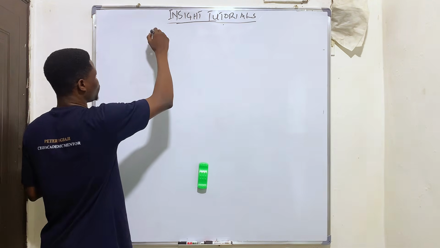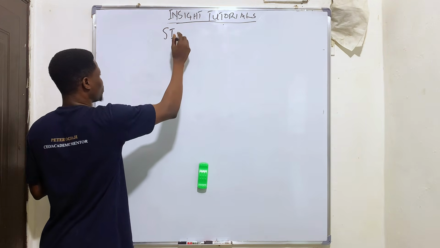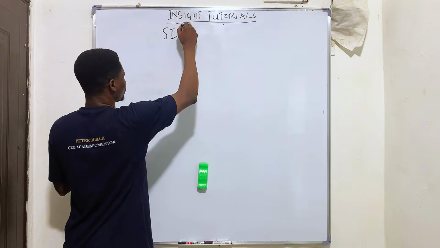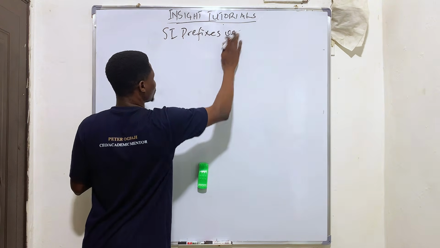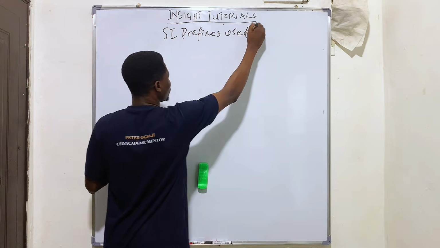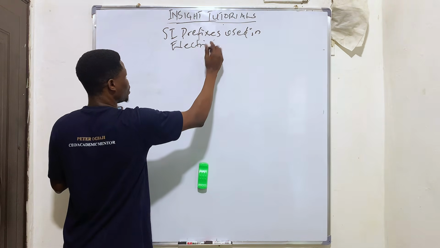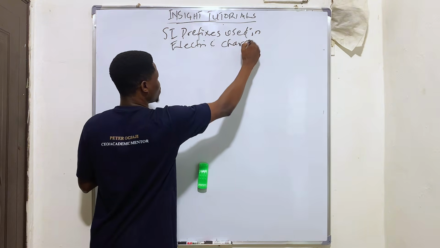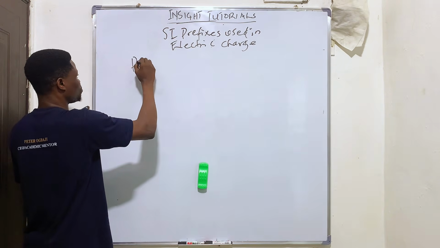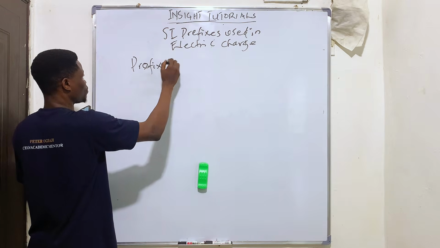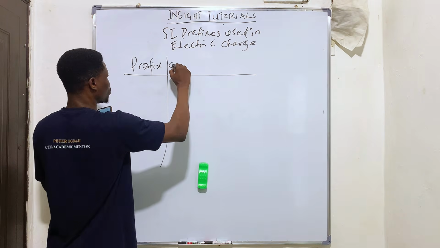So these are the SI prefixes used in electric charge. The first of them, let's say this is the prefix, and then you have what we call the symbol.